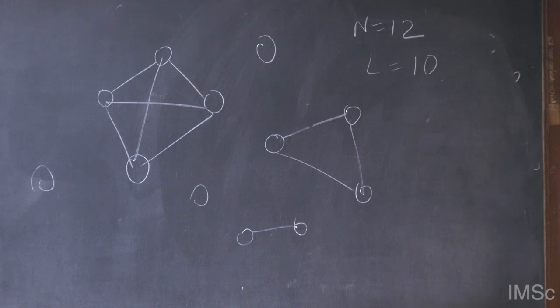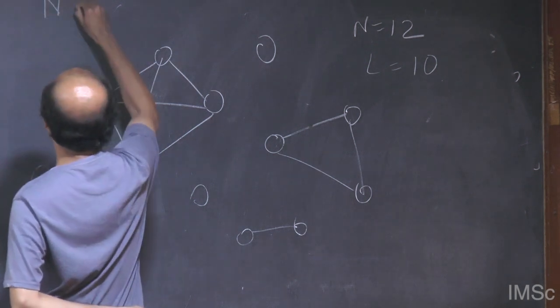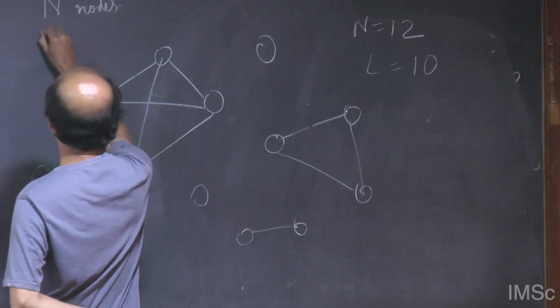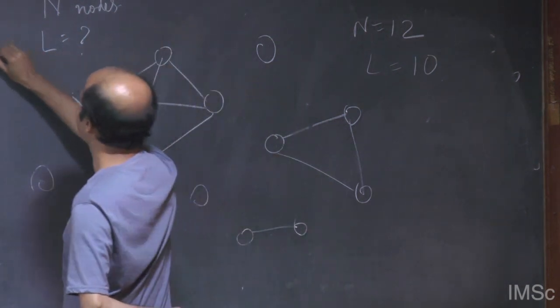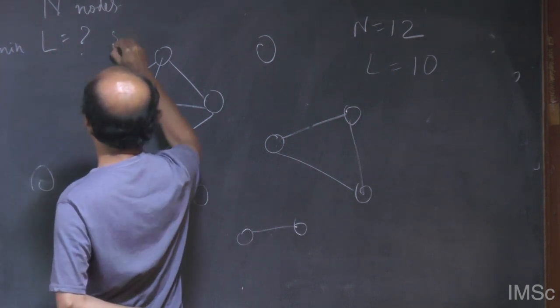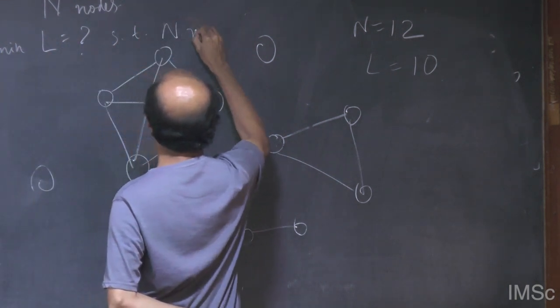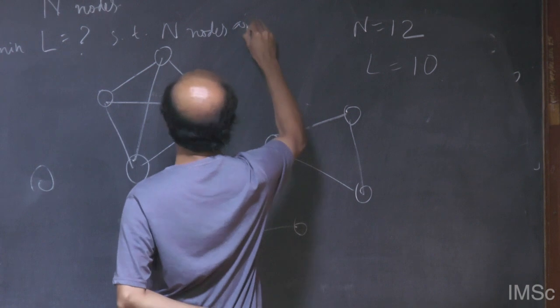What's the minimum number of edges required to make n nodes connected? What do you think? So you have n nodes, and I want to know what is the minimum value of L such that the n nodes are connected.